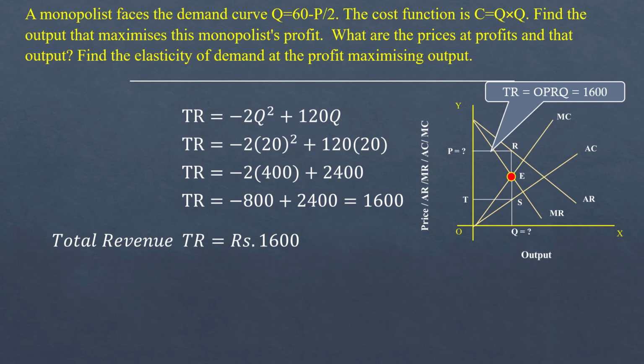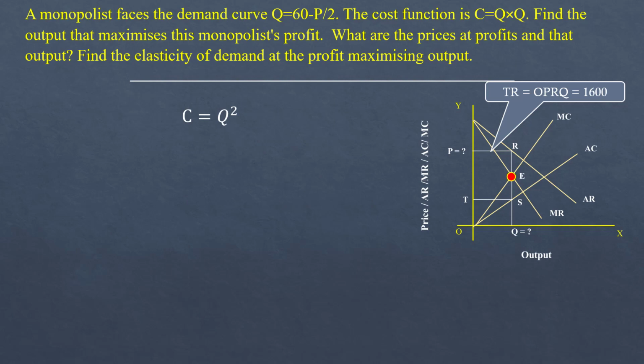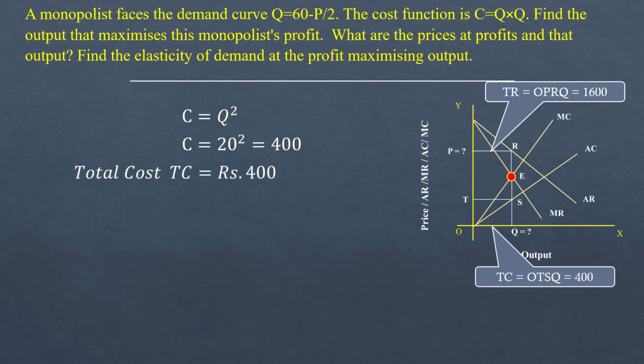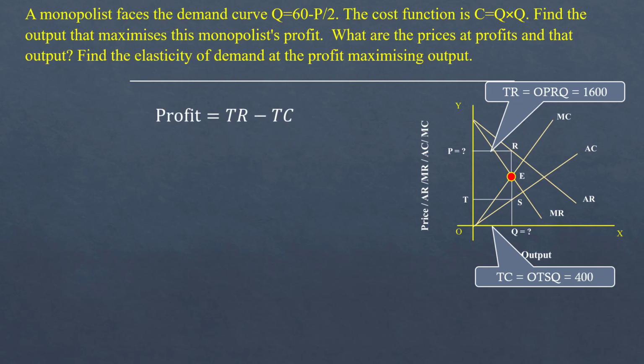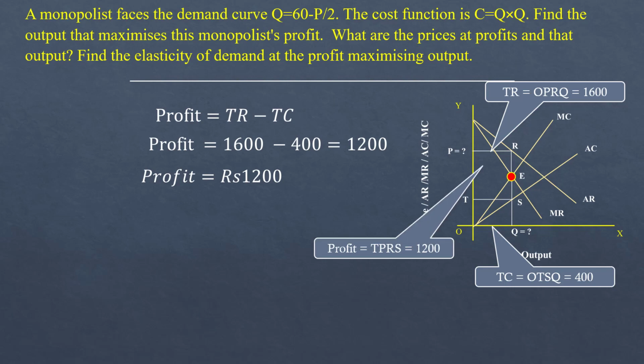Total revenue equal to 1600 rupees. To find total cost, substitute Q equal to 20 in the total cost function. C equal to Q squared, 20 squared equal to 400. Total cost 400 rupees. Profit equal to total revenue minus total cost. 1600 minus 400, 1200. Profit 1200 rupees.